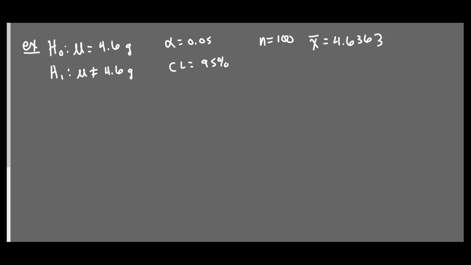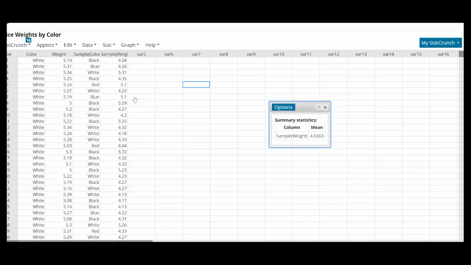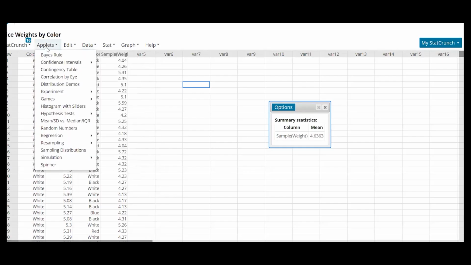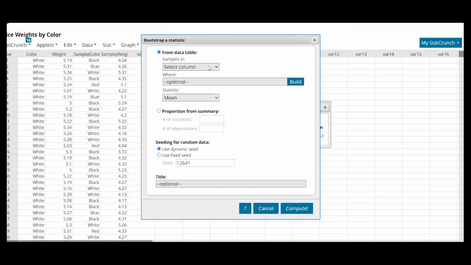So let's take a bootstrapped confidence interval. I'm going to go to applets, resampling, bootstrap a statistic. From the data table here, I'm going to select the sample weights, and I'm going to do the mean. You can do all these others too, but we're just going to focus on the mean and the proportion.